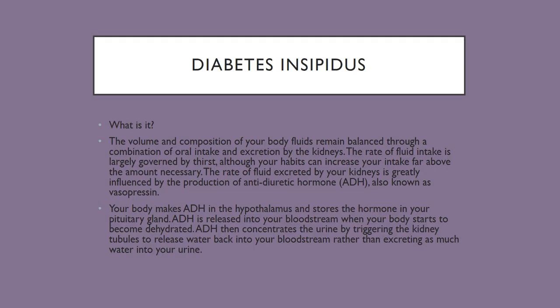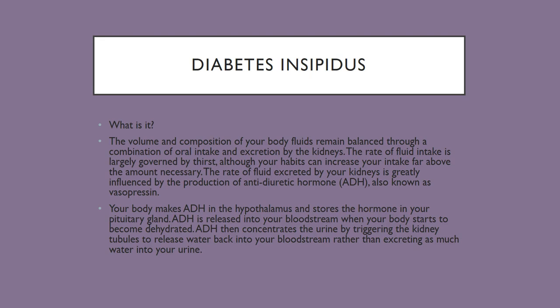So, diabetes insipidus, what is it? The volume and composition of your body fluids remain balanced through a combination of oral intake and excretion by the kidneys. So, just like I told you in all the other PowerPoints, what goes in must come out, right? The rate of fluid intake is largely governed by thirst, although your habits can increase your intake far above the amount necessary. So you're thirsty, you drink water.